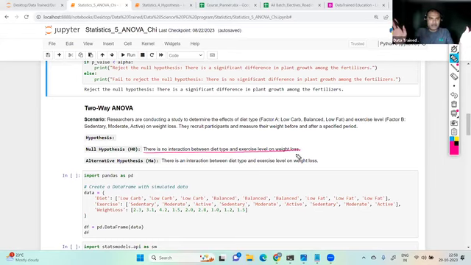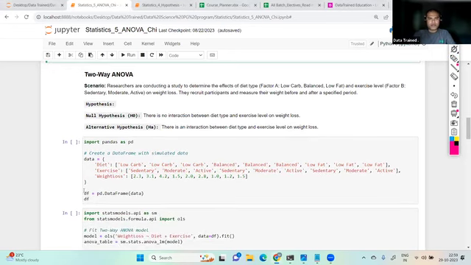There is no difference. What is the alternative hypothesis? Yes, there is an effect. There is an interaction between diet type and exercise level. How much do you exercise, and what diet do you take? So we are trying to see different combinations here, right? So it is two-way ANOVA.